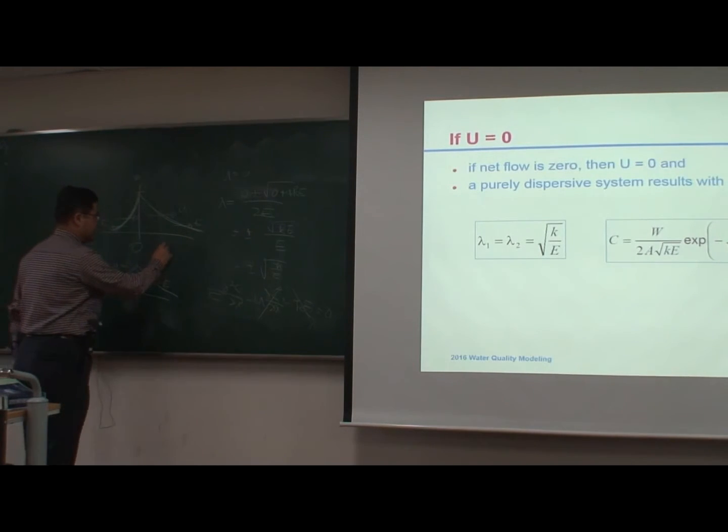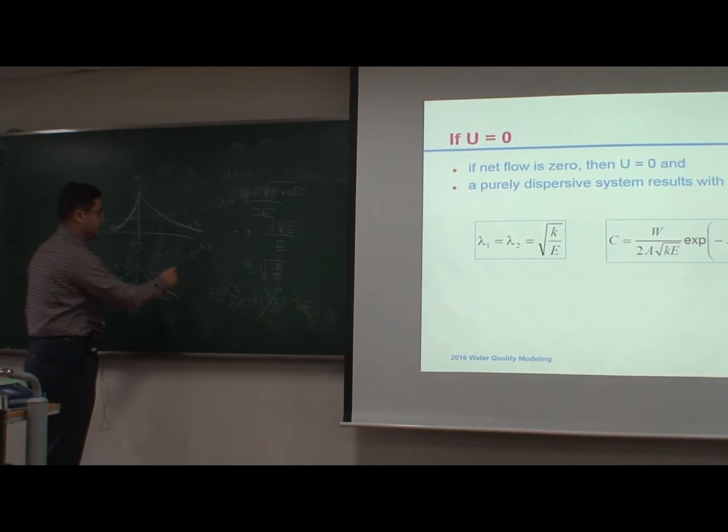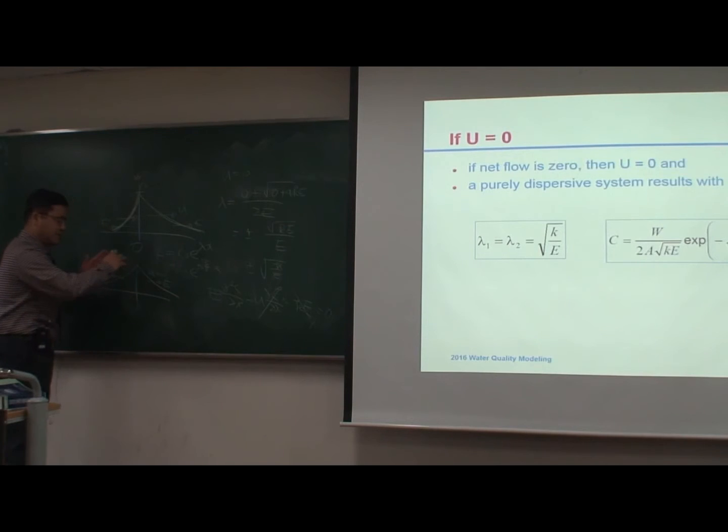So, in other words, my C equals C0 e to the lambda x. In this case, I have plus minus root k over e times x. So, except for the sign plus and minus, the absolute value of my exponent term is the same. Okay?